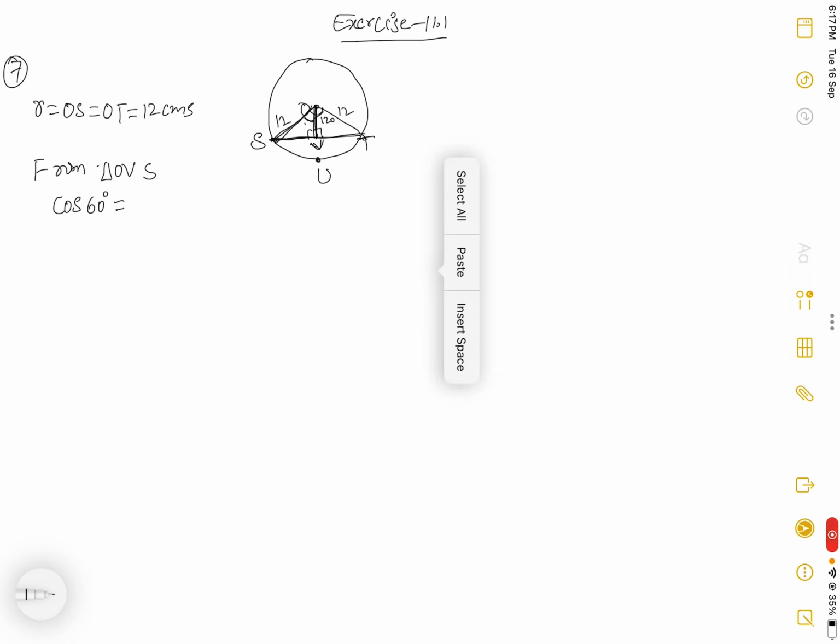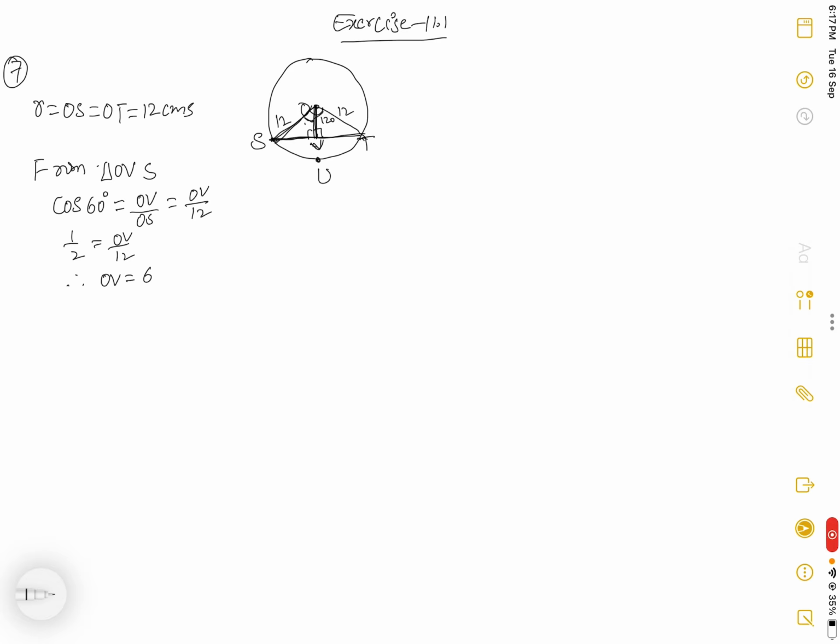So cos 60 equals adjacent side OV over hypotenuse OS. OS value is 12, and cos 60 value is 1/2, so 1/2 equals OV by 12. Therefore, OV equals 6 centimeters.